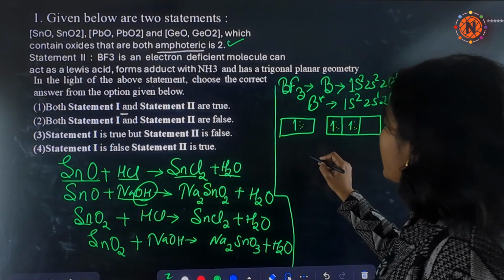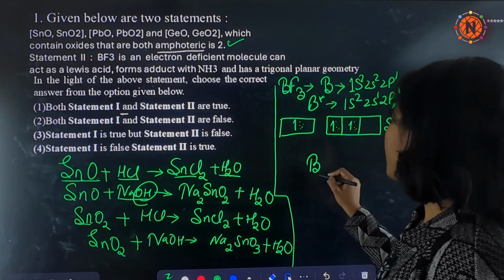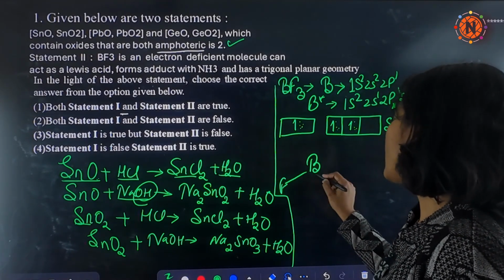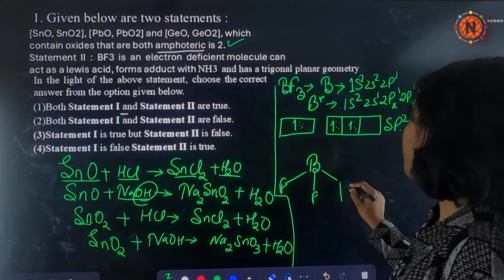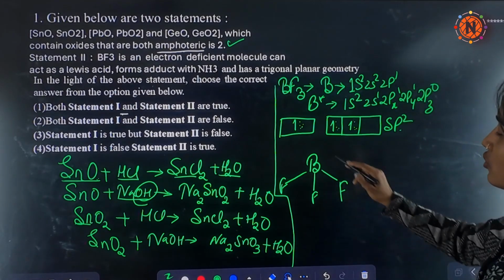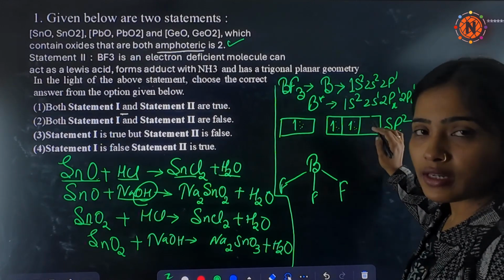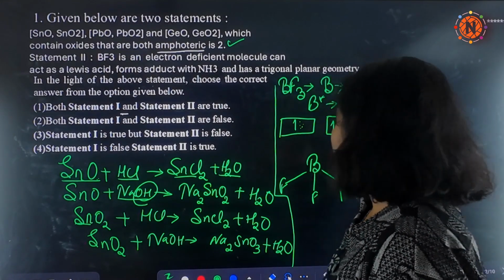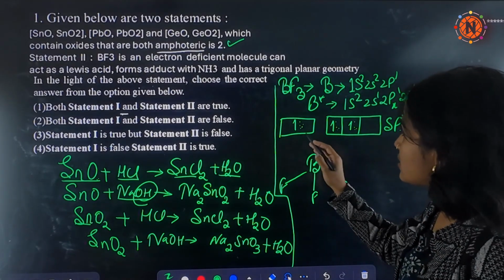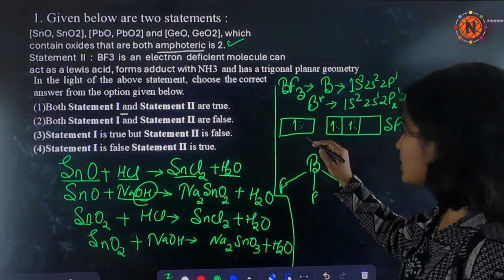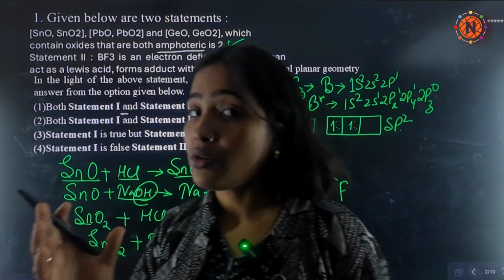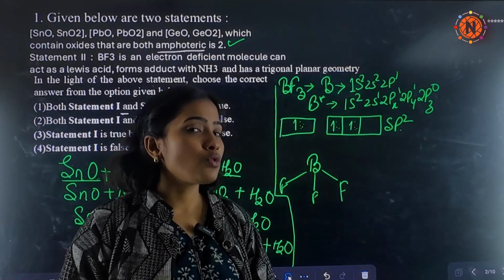With sp2 hybridization, if I draw the structure, it gives trigonal planar geometry, and through this hybridization we see that the 2pz orbital is completely vacant, right? So it has 6 electrons, but in order to obtain a stable state, it needs 2 more electrons.